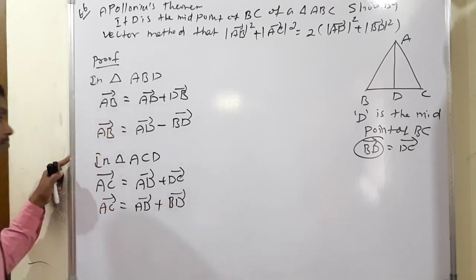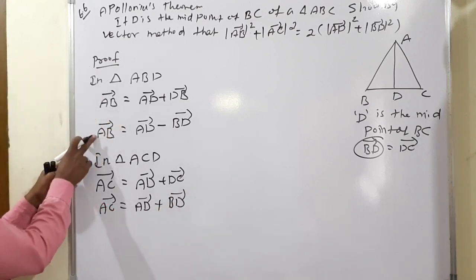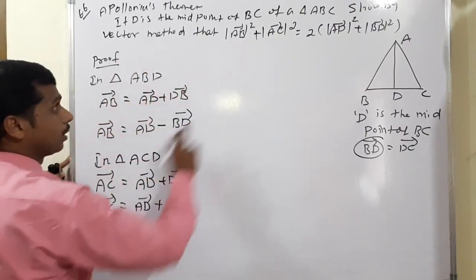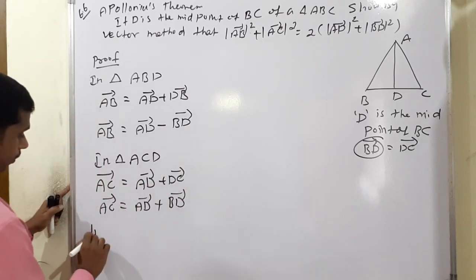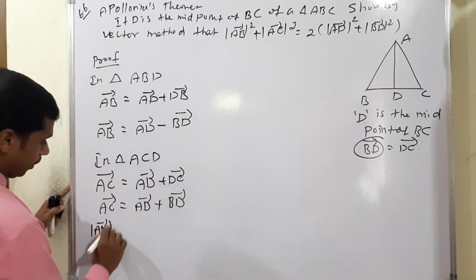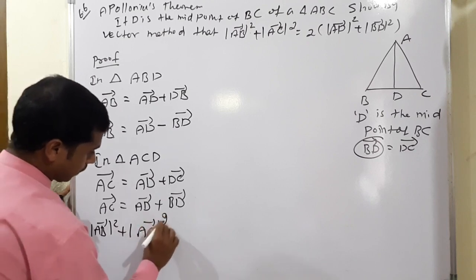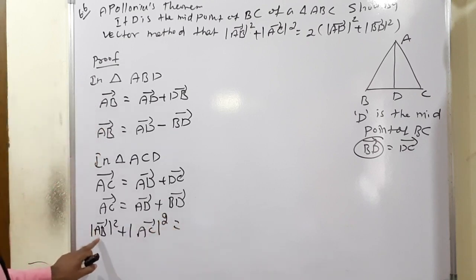Now we need modulus of AB vector square plus modulus of AC vector square, isn't it? So modulus of AB vector square plus modulus of AC vector square is equal to, what is the value of AB vector?